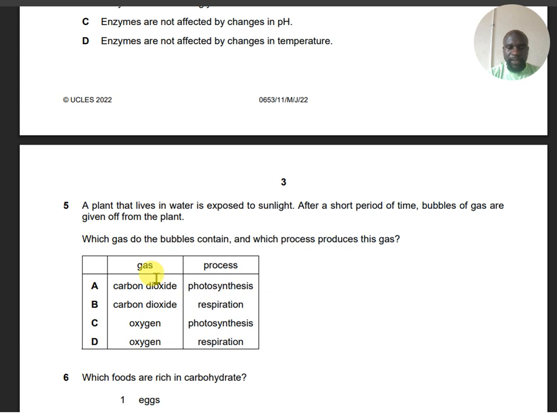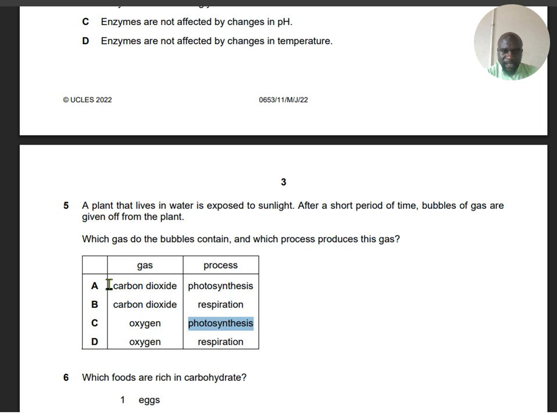After a short period of time, bubbles of gas are given off, which means this plant is giving off oxygen, and this is taking place through photosynthesis. Because all green plants give off oxygen during photosynthesis. So this is the correct answer, which is part C.